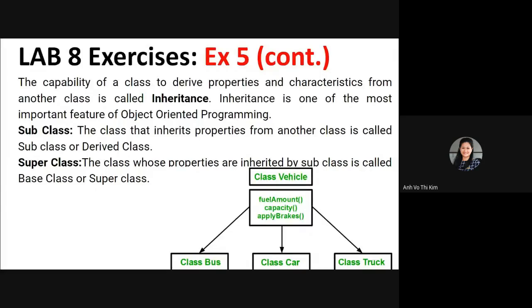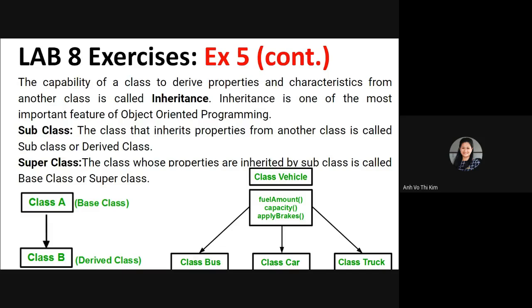All right, and from this super class, the derived classes will be bus, car, and so on. Okay, and why do people use inheritance? Because they want to reuse the functions and members from the superclass.